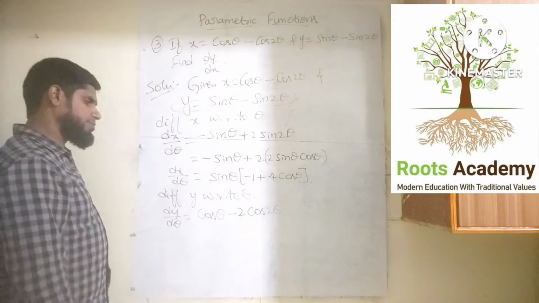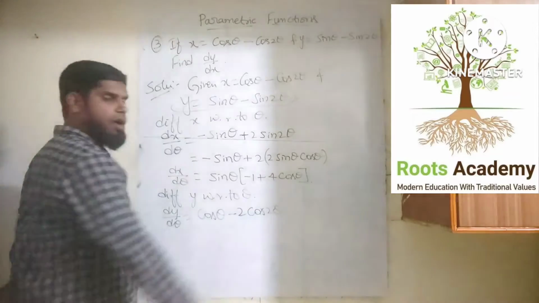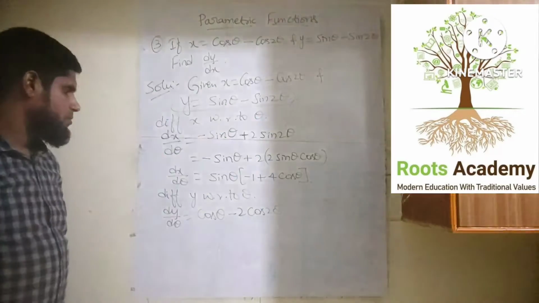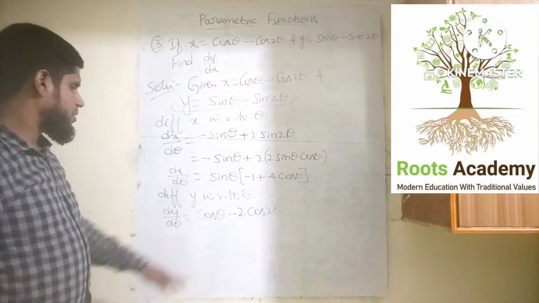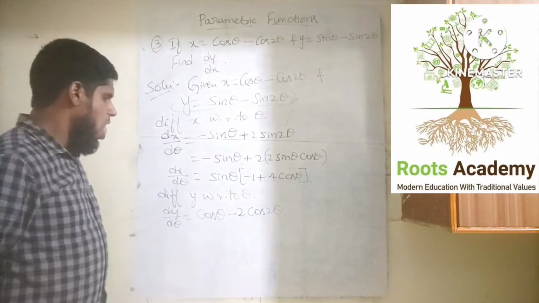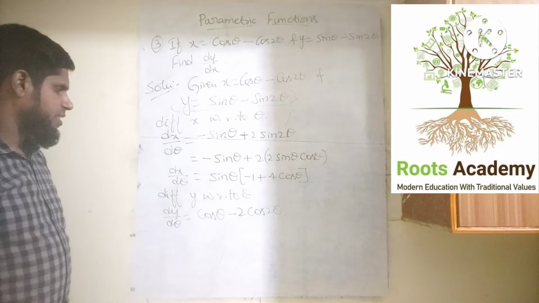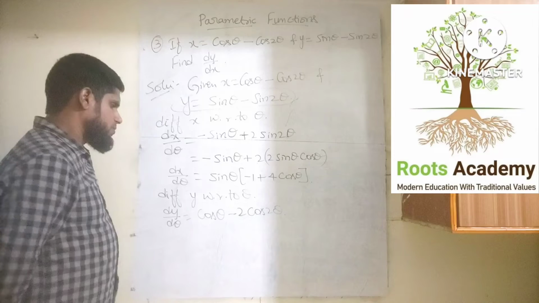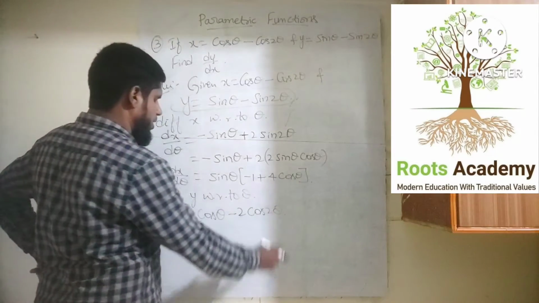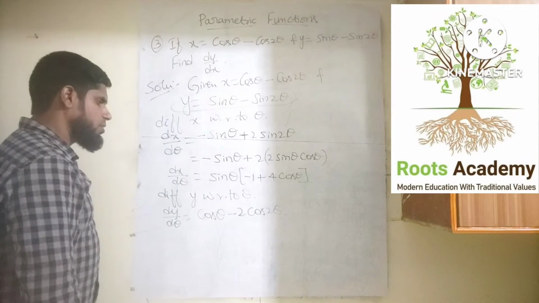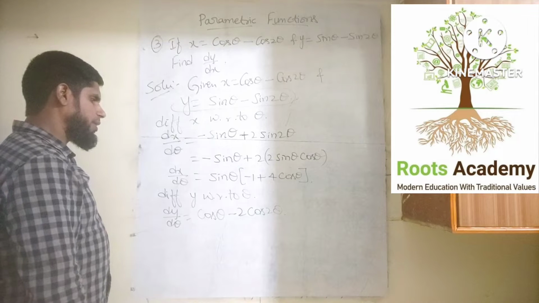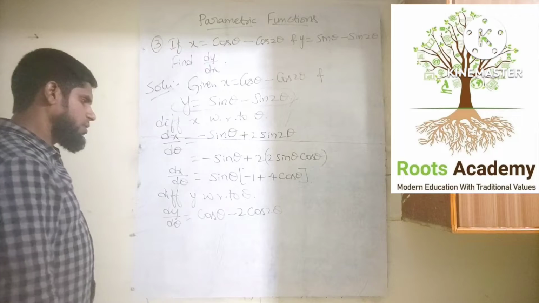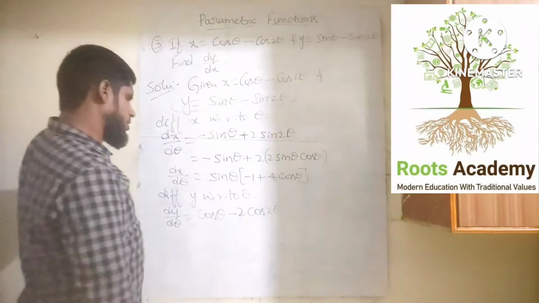Now here, if you apply any formula, we cannot take anything common here. Cos 2 theta is 2 cos square theta minus 1.